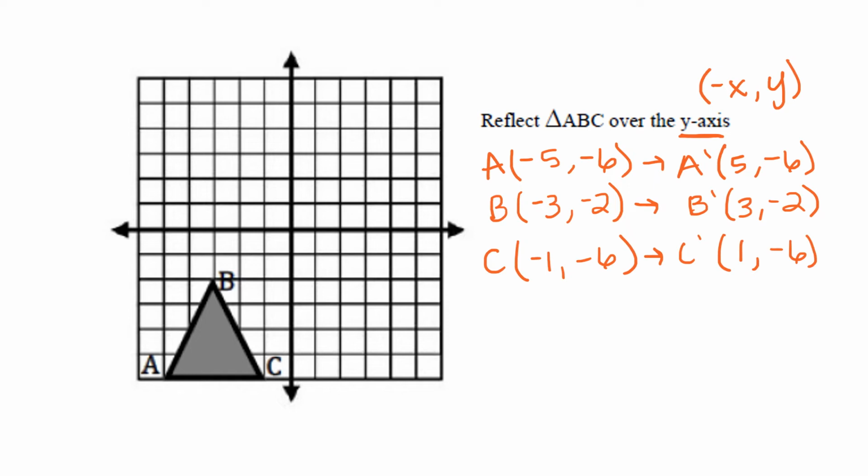A prime is (5, -6), B prime is (3, -2), and C prime is (1, -6). When you connect your dots, this should be a mirrored image over the y-axis, which is the vertical axis.